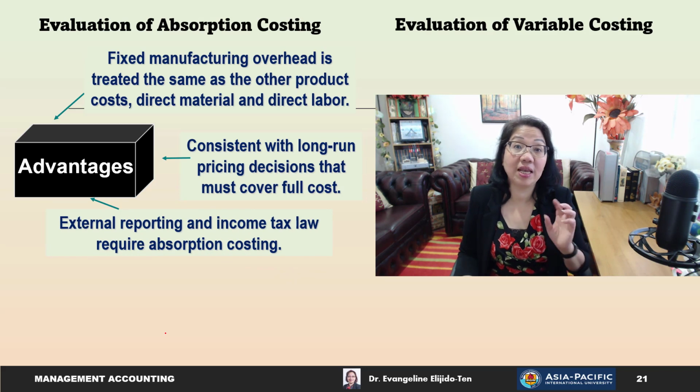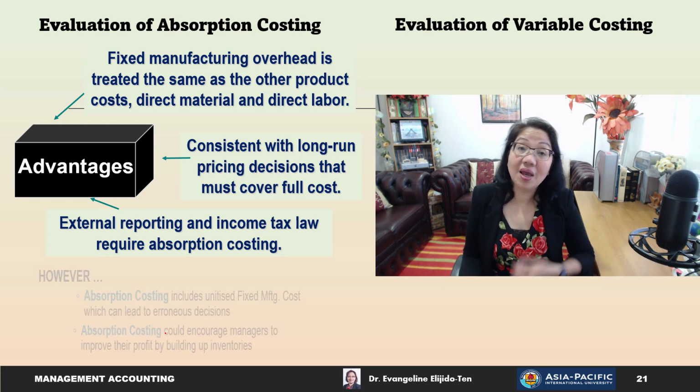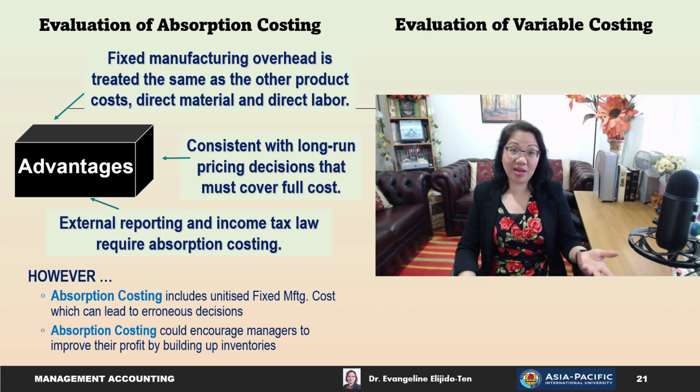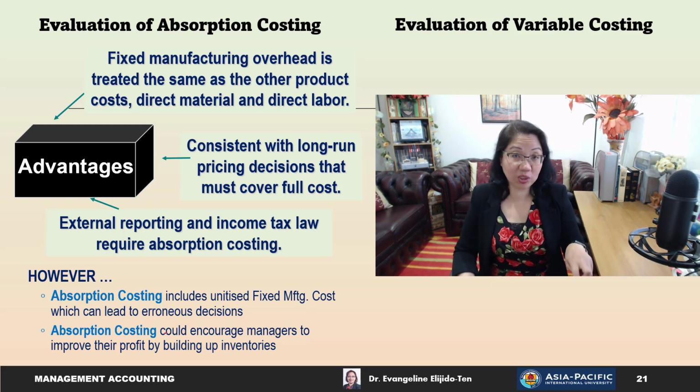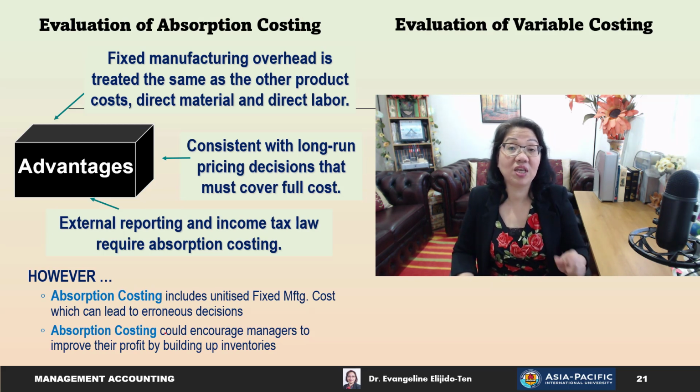And external reporting as well as income tax purposes require absorption costing. However, as we've already mentioned, absorption costing includes unitized fixed manufacturing costs, which can lead to erroneous decisions. And it could encourage managers to improve their profit by building up inventories.